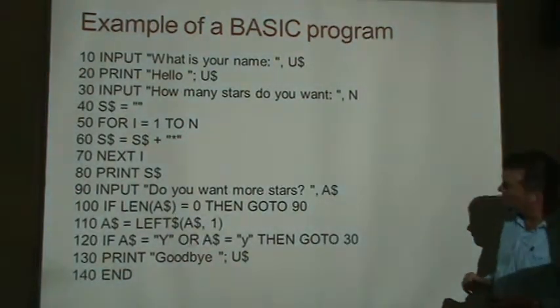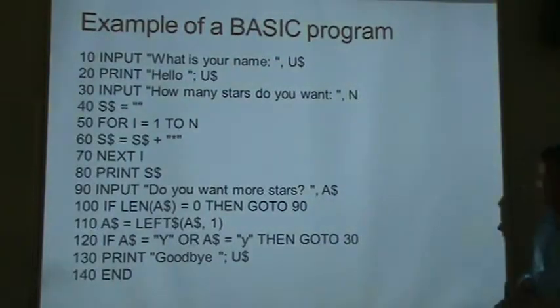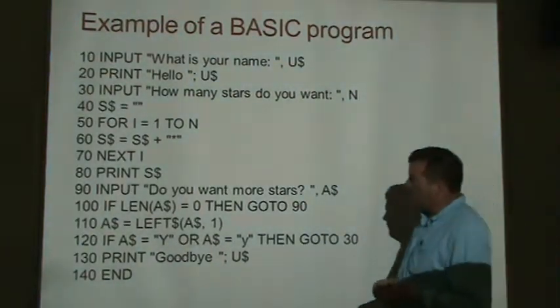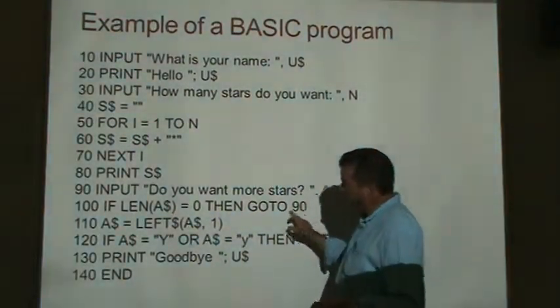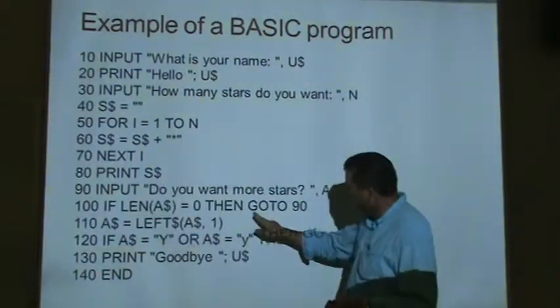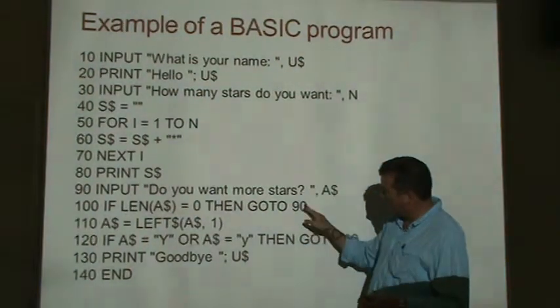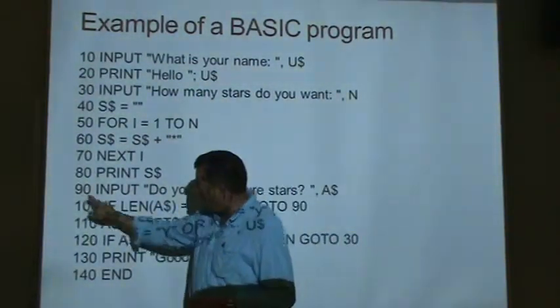Okay, then I'll ask, do you want to do more stars? And you can answer yes or no. So it's basically saying if the length of your answer is 0, that means you didn't really give an answer. Let's go back to this line. This line saying go to 90 means we're going to go back to line 90.